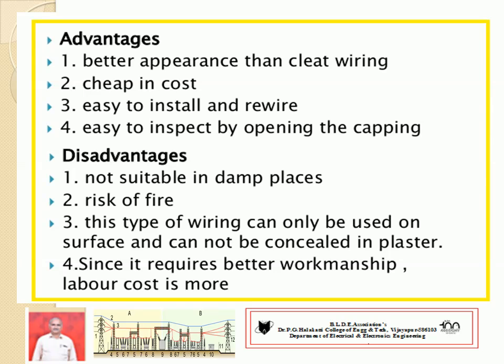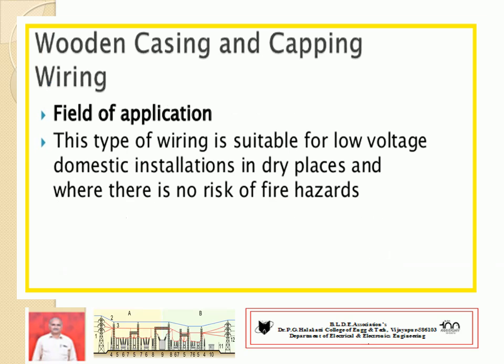The wood life is limited by white ants. It cannot be used where moisture content or dampness is there. It is more suitable for dry conditions, since it requires better workmanship and labor cost is increased.